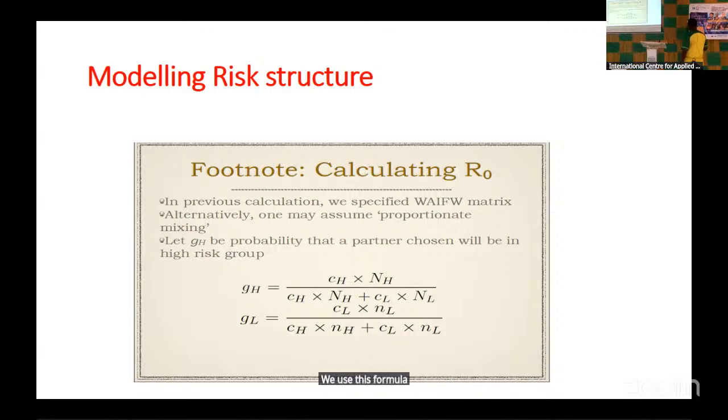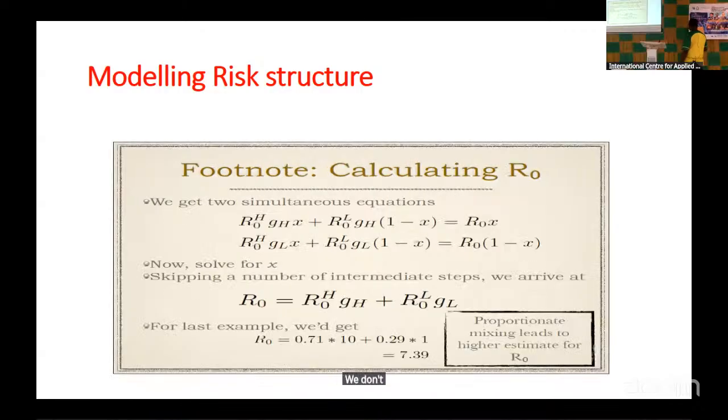You have CH, which is the contact rate of the high risk group, multiplied by the total population, over the contact rate of the high risk group plus the contact rate of the low risk group. And then GL is the probability that the partner will be chosen from the low risk group, given by this. Now you get two simultaneous equations for that.